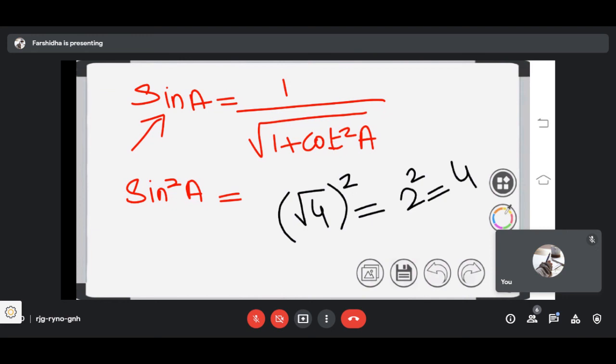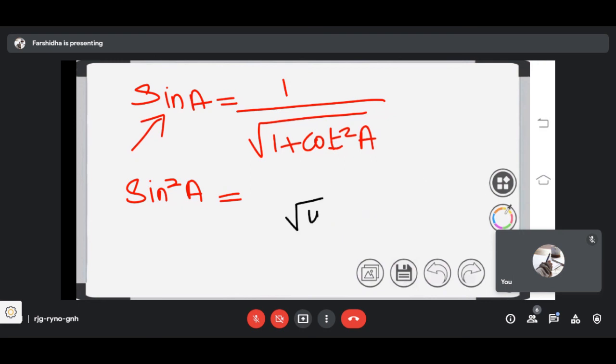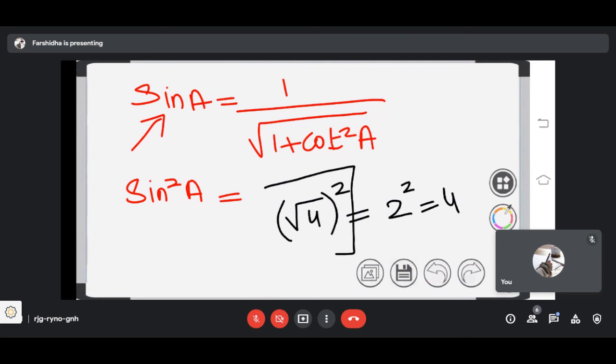That means when you square the root, the root gets cancelled and it will remain the same number. So when you square the root term, the root gets cancelled.